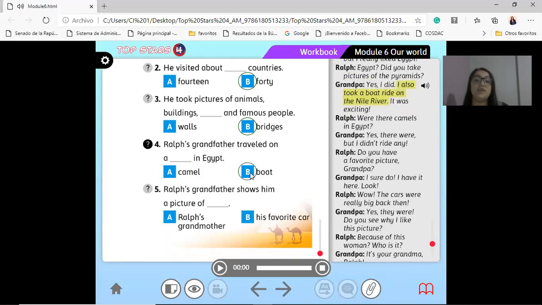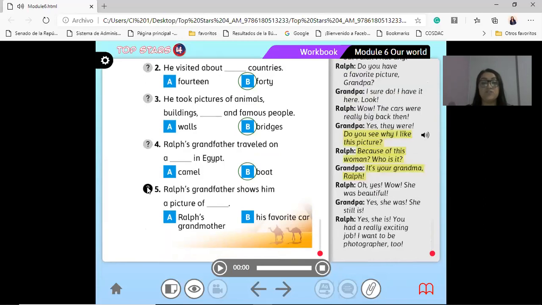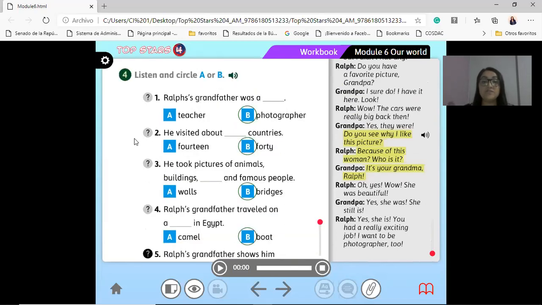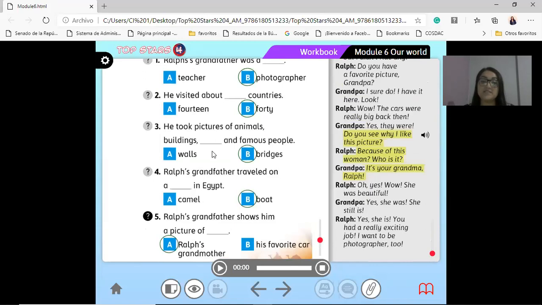Viajó en un bote en Egipto. Ralph's grandfather shows him a picture of his grandmother. Okay? Please check your answers, get everything correct.